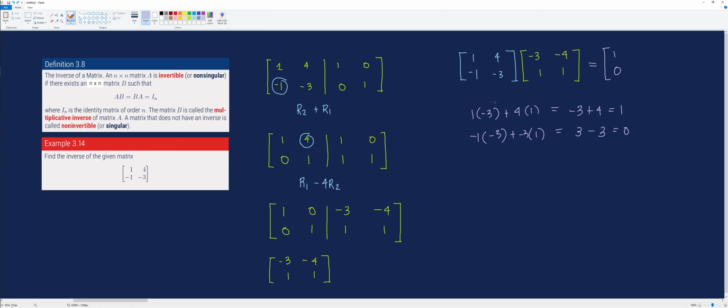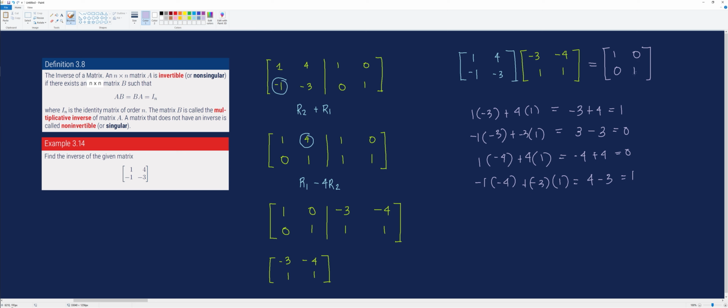For this cell, that is 1 times negative 4 plus 4 times 1. And this is equal to negative 4 plus 4, which is 0. And for the last cell, that is negative 1 times negative 4 plus negative 3 times 1. So this is 4 minus 3, which is equal to 1.